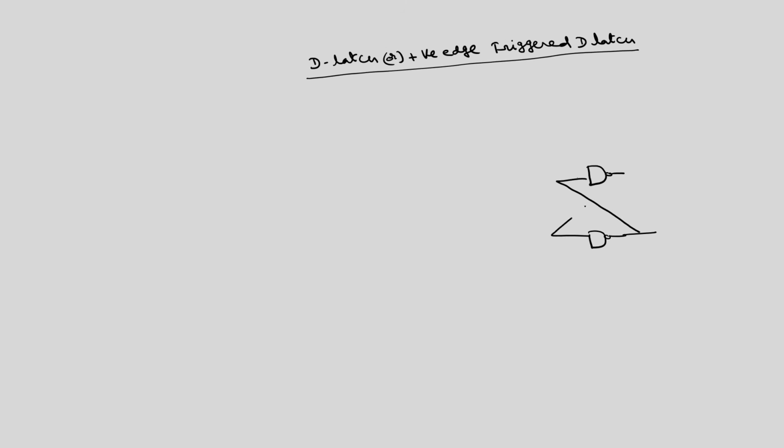This is one S bar, R bar, SR flip flop. This is final output Q bar. This is 2 inputs, and then we have one more this type of S bar, R bar flip flop.